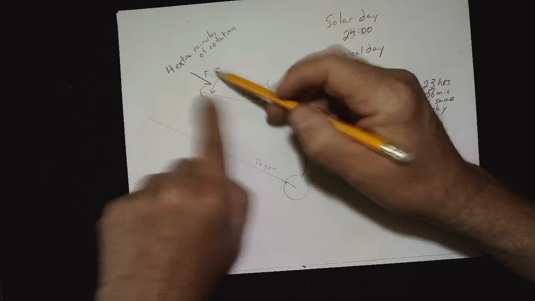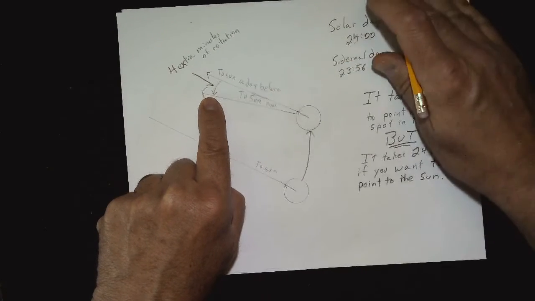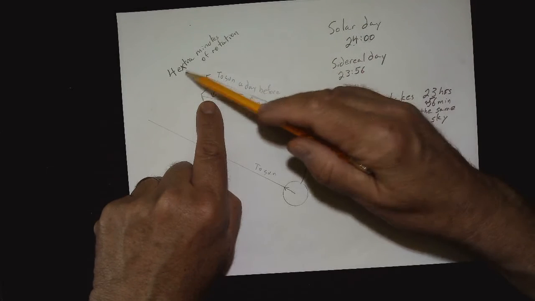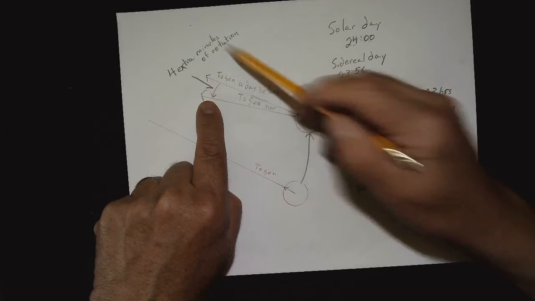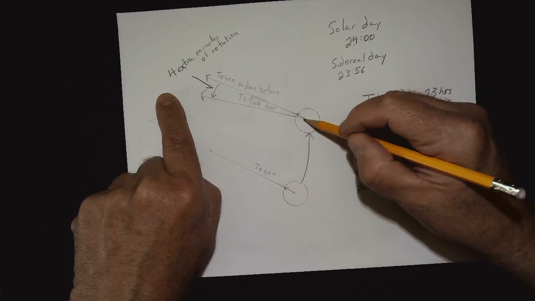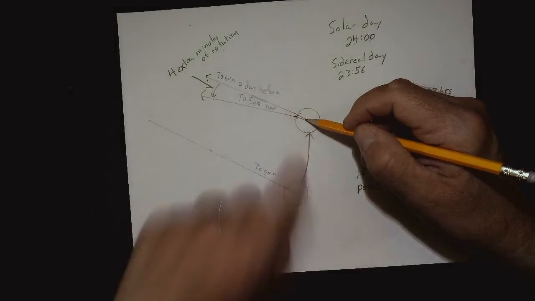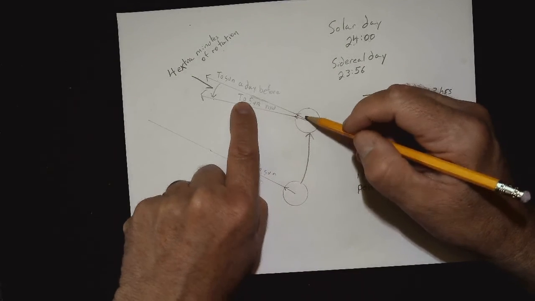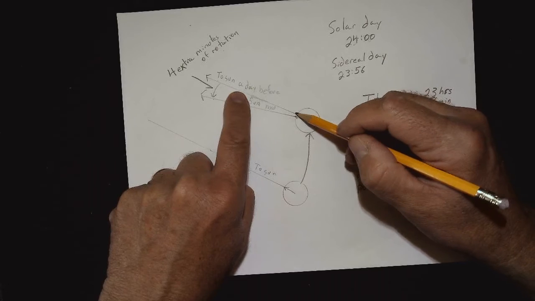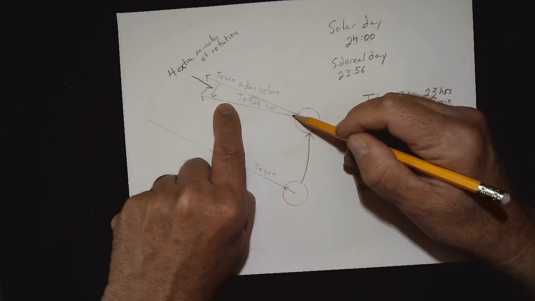It's going to take us a little bit of extra rotation time to be pointing at the sun now. So it'll actually take 4 extra minutes of rotation so that we're pointing back towards the sun, right? We're not always having that same point. We need a little bit more rotation every day to be pointing at the sun again.